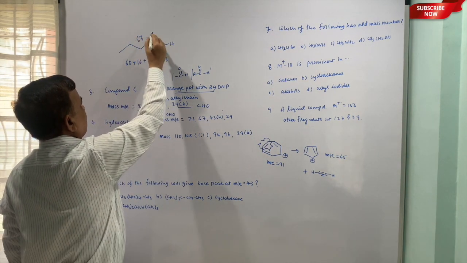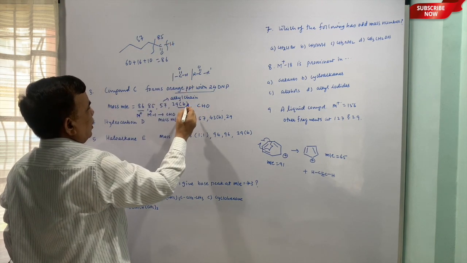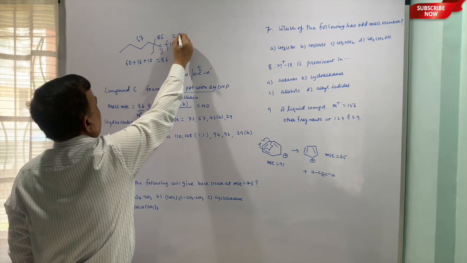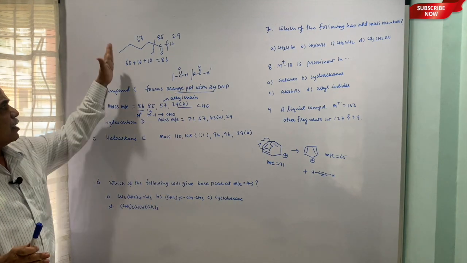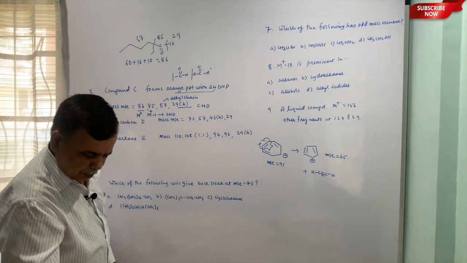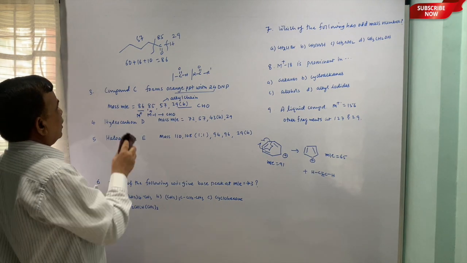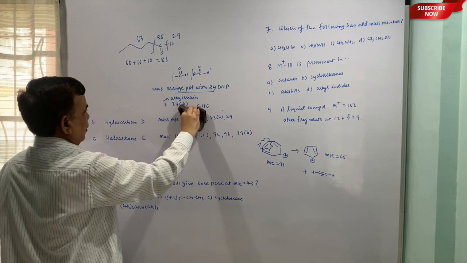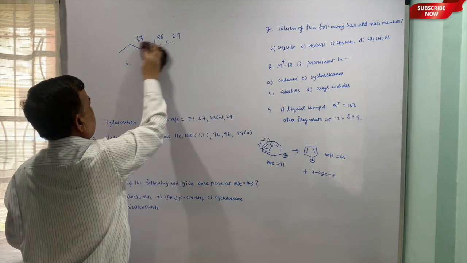When this goes off, it is 85, and if this goes off, it is 57 and 29, they are complementing each other. So 57 is this alkyl chain, 29 is aldehyde group, and that is how the compound is. The well known pentanal, the 5 carbon unit aldehyde, that is the answer.